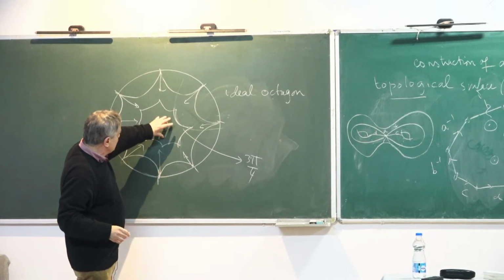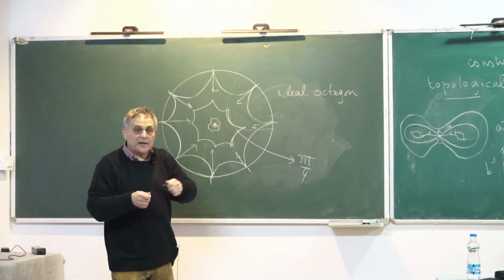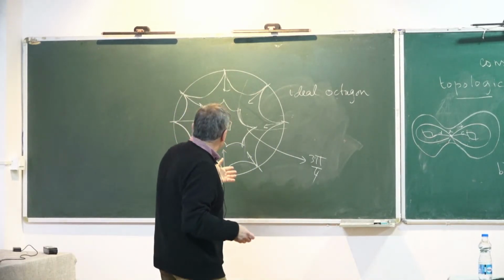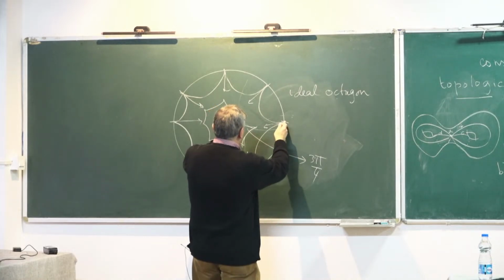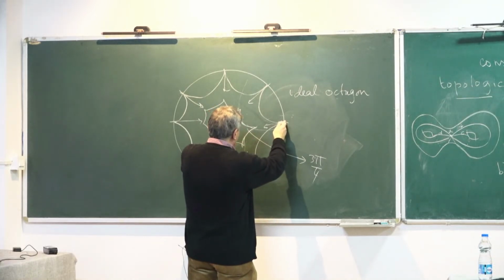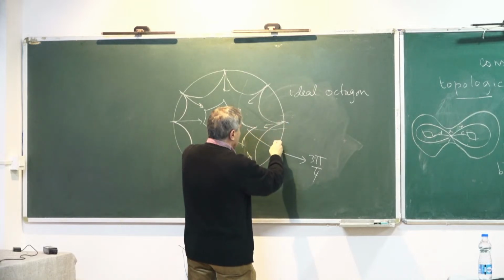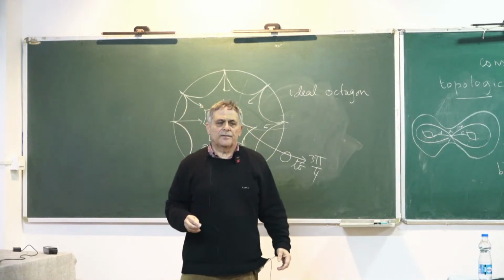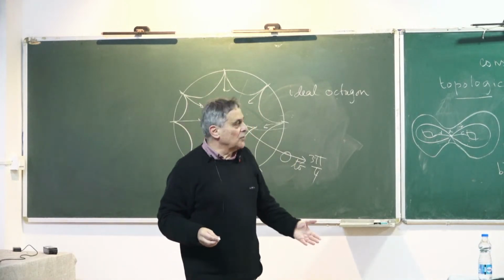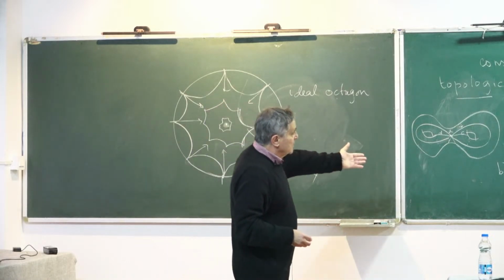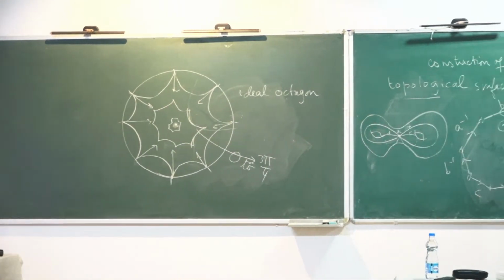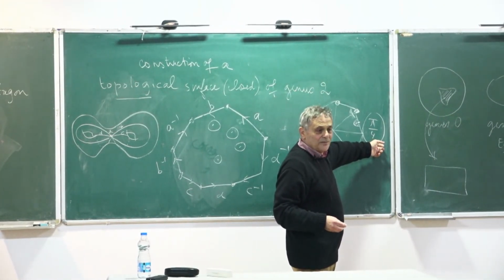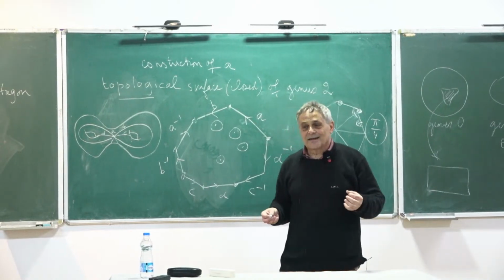When this octagon becomes very, very small, the angles are 3 pi over 4. So the angles, of course, increase continuously from 0 to 3 pi over 4. So in between, there is one, we wanted pi over 4 before.